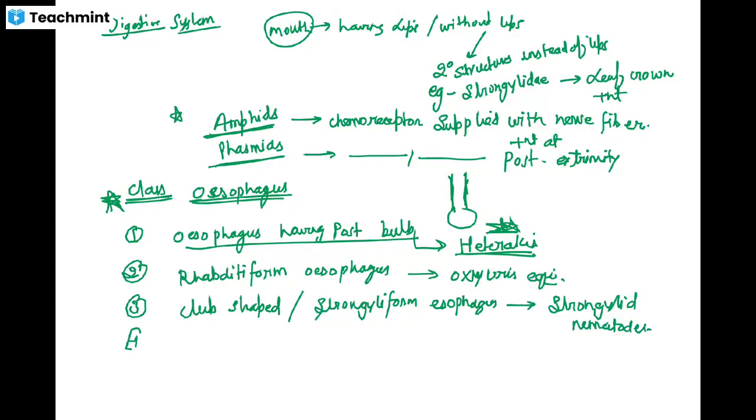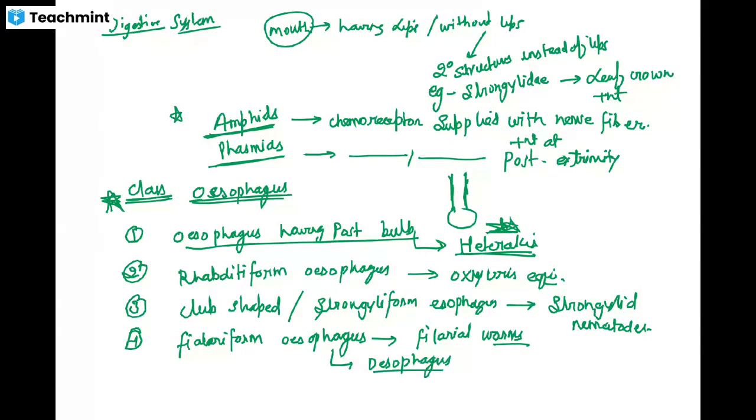Fourth one is the filariform esophagus, in case of filarial worms. In this esophagus, the esophagus is uniformly cylindrical.